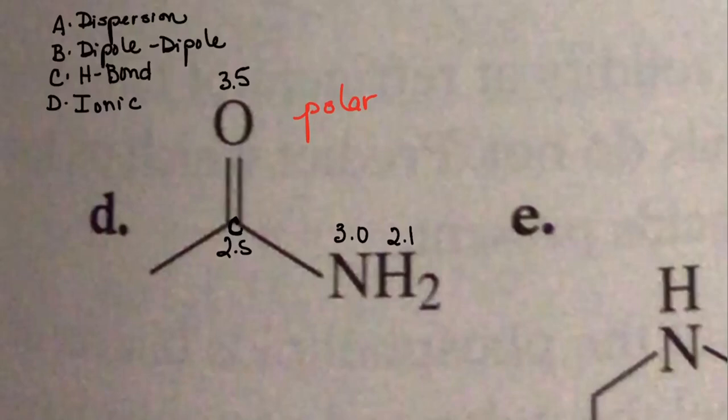So here, for this example, we can have dispersion, dipole-dipole, and H bond. Now, out of the three, which one is the strongest? So if instead of listing all of the forces, if I ask you guys, what is the strongest? Great, H bonding, or letter C, okay?